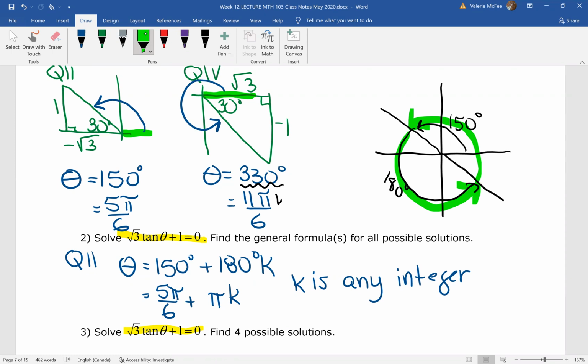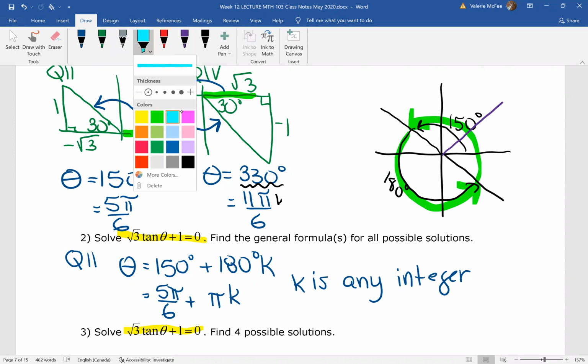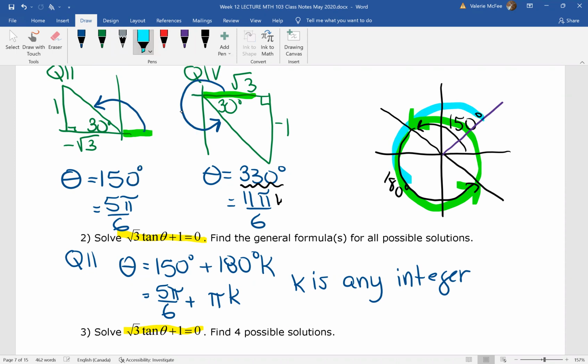That would be true if I started in quadrant 1 and added 180 degrees. 180 degrees would take me to quadrant 3. Tangent is positive in quadrant 1 and 3. So I don't need 2 formulas. And in fact, you would be marked wrong if you give 2 of them. So be careful when you're solving with tangent and cotangent.